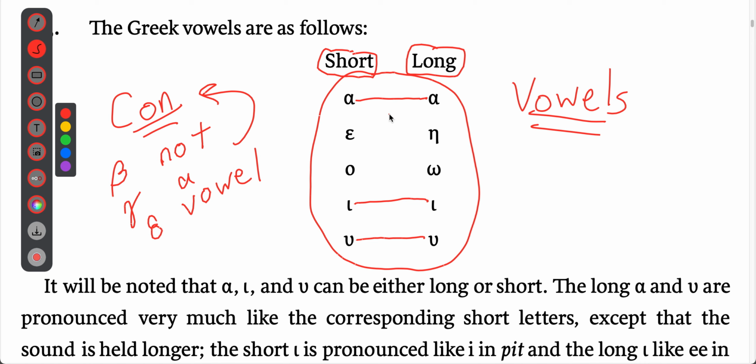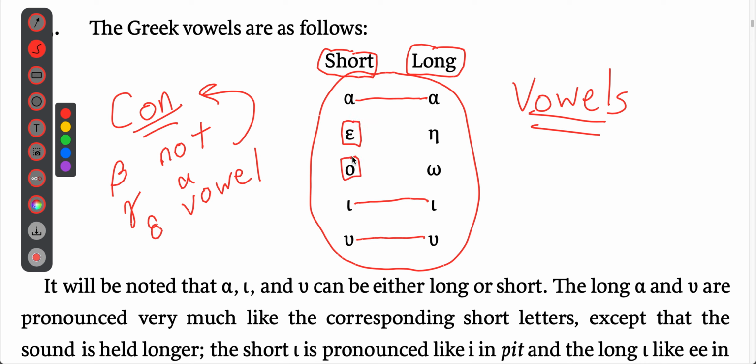Now, how do you determine which way they're being used? Well, there's rules that govern all of that, and we'll figure that out as we go. But the point I want you to see is that alpha, iota, upsilon are vowels. Now, notice this. This is the difference here. These are the ones that are a little bit unique.